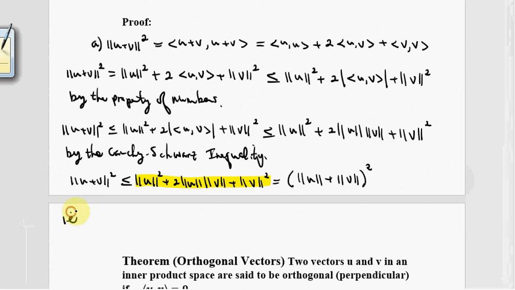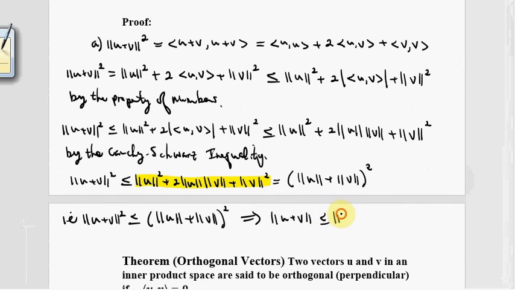So the norm of u plus v squared is less than or equal to the norm of u plus the norm of v, squared. Taking the square root of both sides, this implies that the norm of u plus v is less than or equal to the norm of u plus the norm of v.